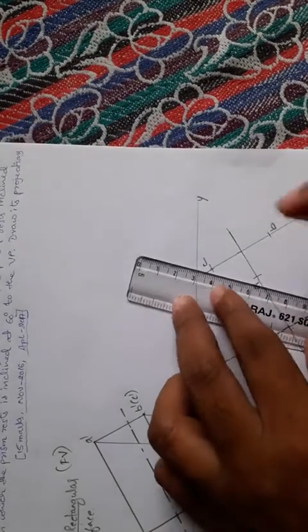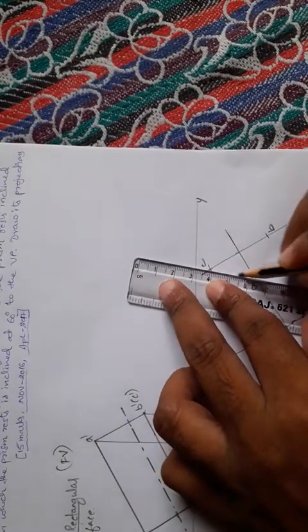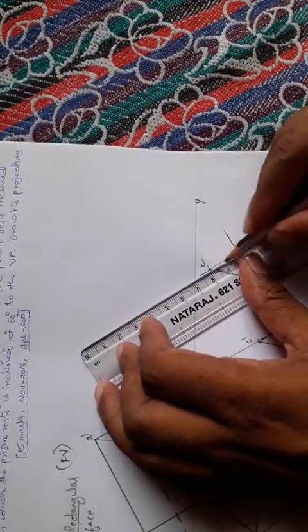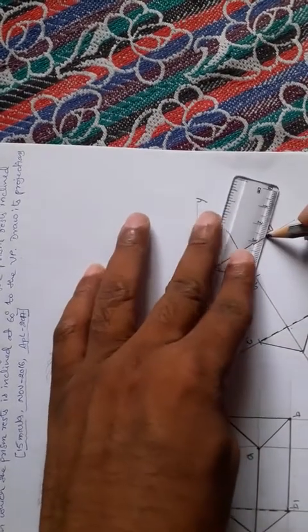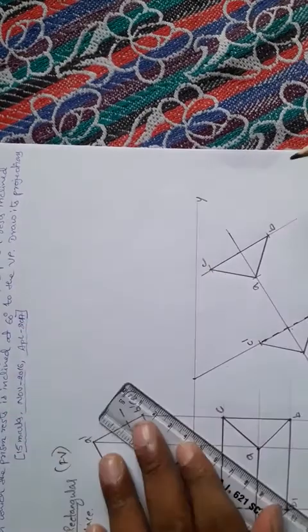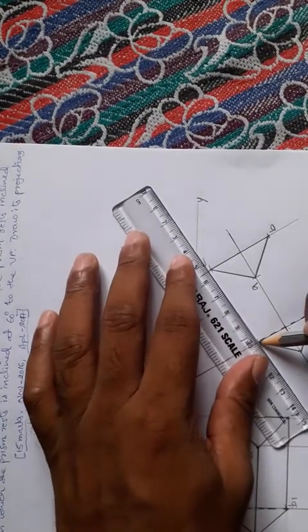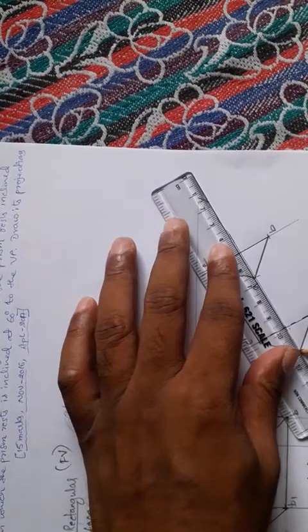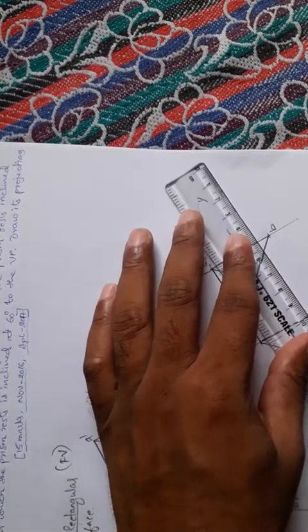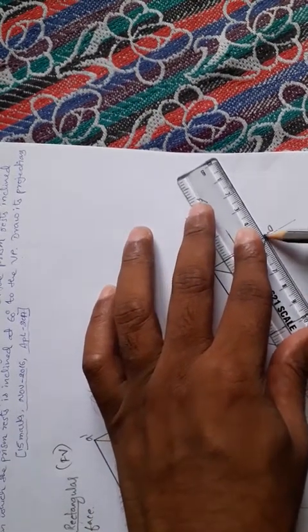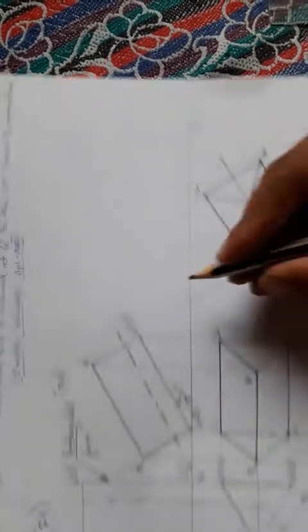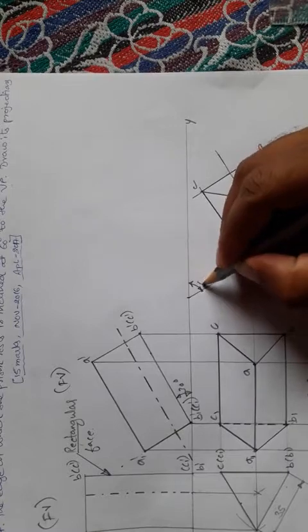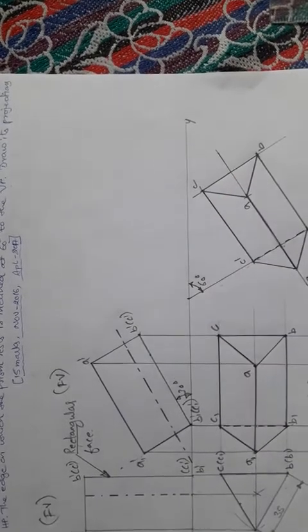Joining the lines of all the points, C to C, A to A, B to B. So this is an angle of 60 degrees.